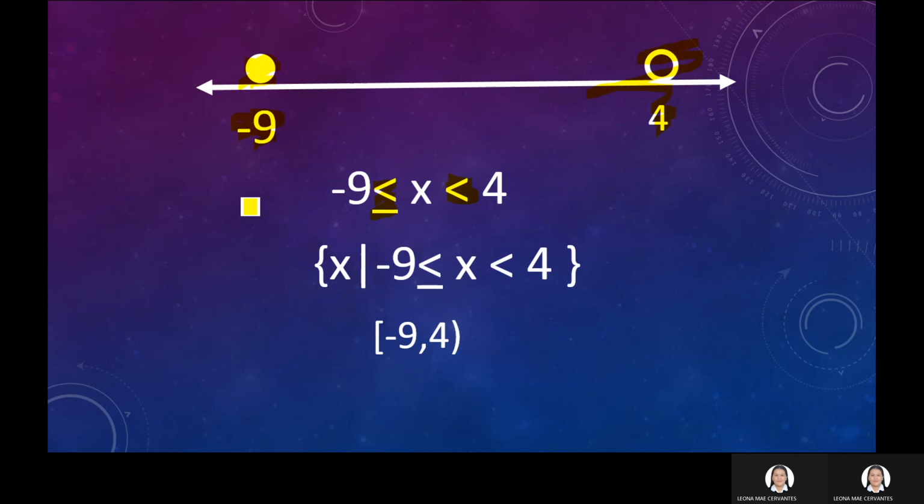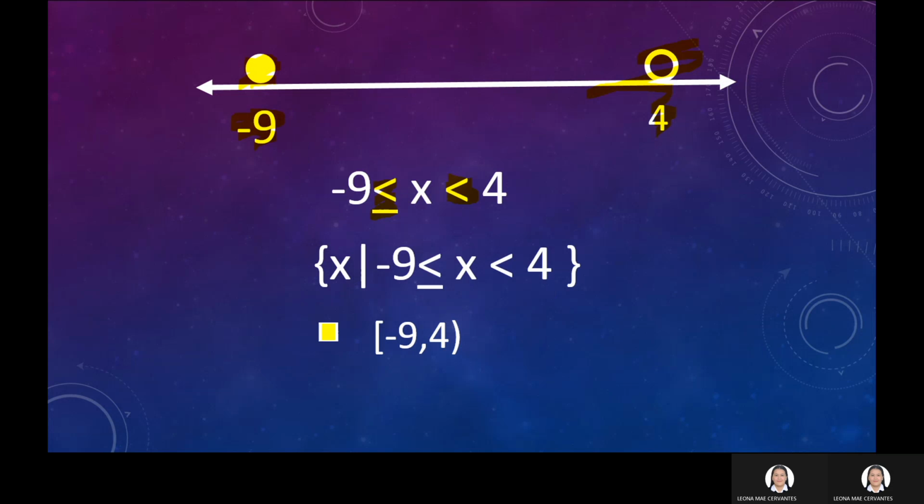So inequality notation, we have negative 9 less than or equal to x, and x is less than 4. Next, the set of all x values such that negative 9 is less than or equal to x, and x is less than 4.